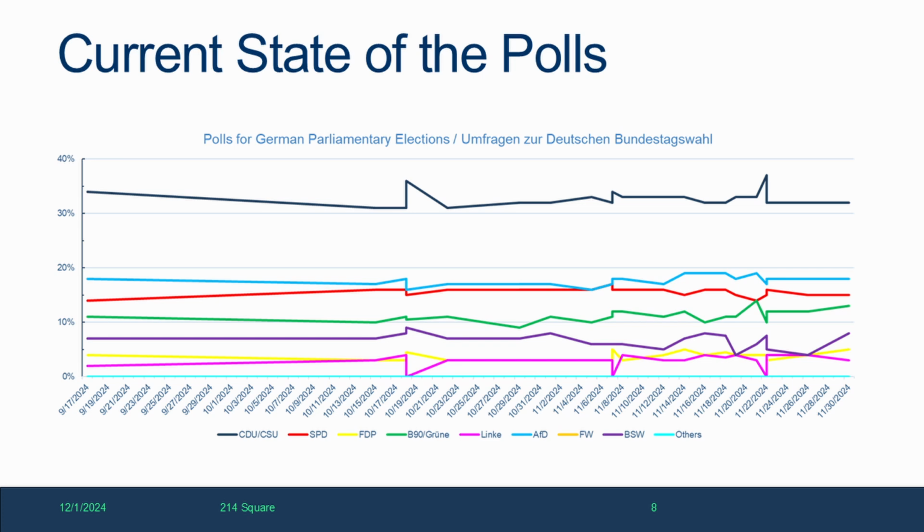The SPD, once it was a strong party, now they are not, but they are still ahead of their coalition partner, the Greens, and also ahead of their ex-coalition partner, the FDP. And also ahead is BSW, Bündnis Sahra Wagenknecht. They are in front of their former party, the left.